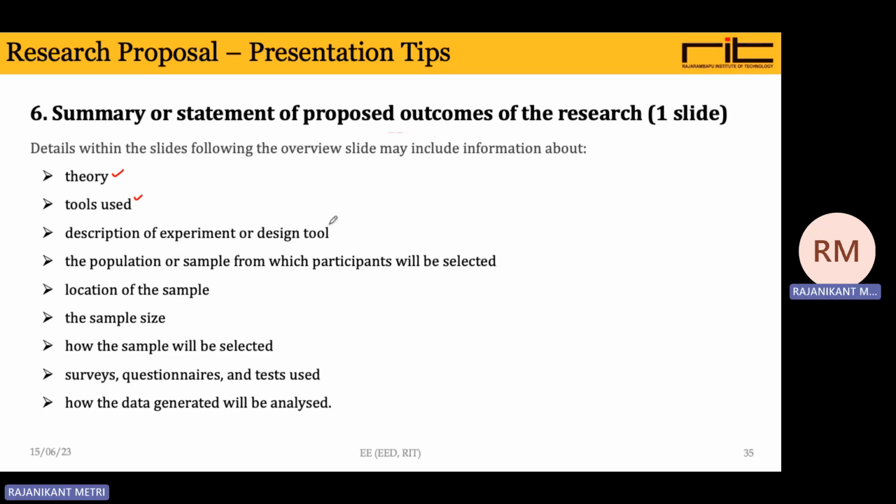Then a description of the experiment or design: what kind of experiments or designs the researcher is going to perform should be described. Then related to data, the population or sample size, how it is selected, from where the sample is taken, whether it is global or local, those things also need to be mentioned.